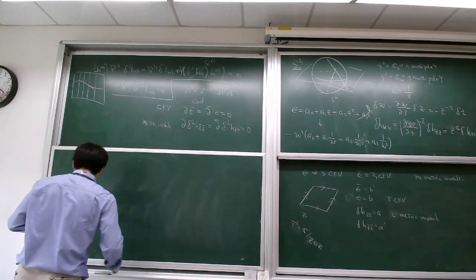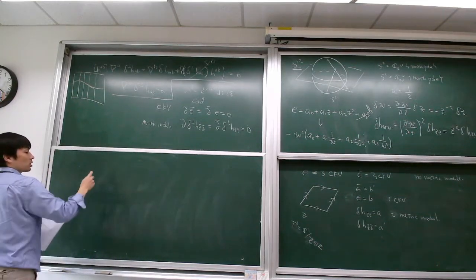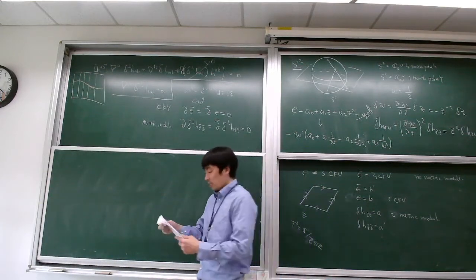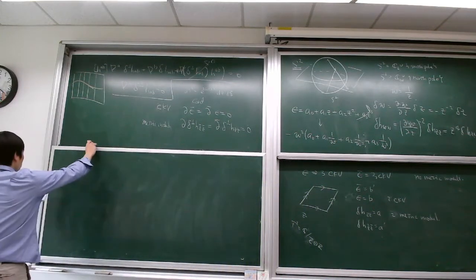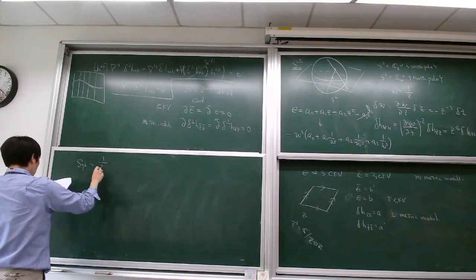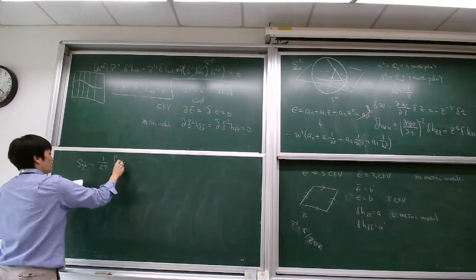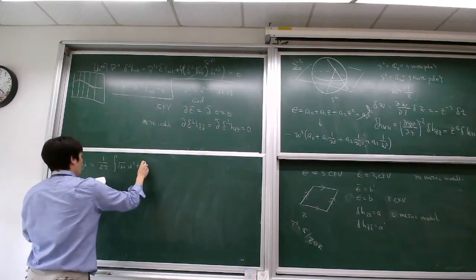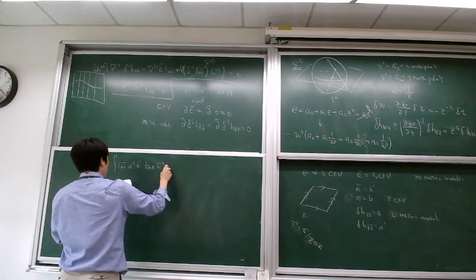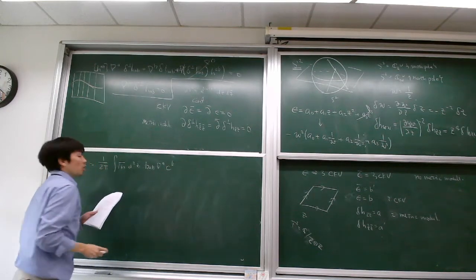In fact, this conformal Killing vector and also the metric moduli are related to the BC ghost, the equation of motion of the BC ghost. If you consider the ghost action to be 1 over 2 pi, square root h, d square z, b^{ab}, this was the action for the ghost.